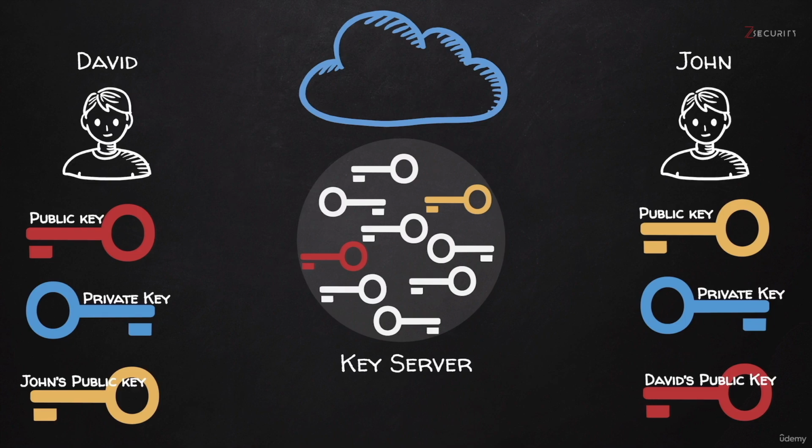The only thing that you want to keep in mind when doing this is that when you upload your key to this public server, anybody can get your public key. Now, like I said, the public key cannot be used to decrypt your messages, but as we've seen before, there is an identity tied to the key.